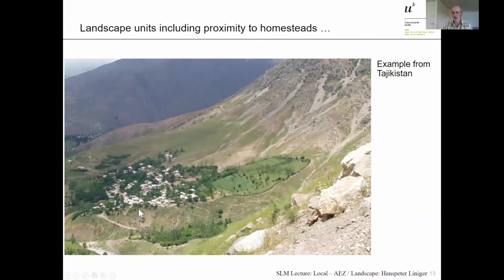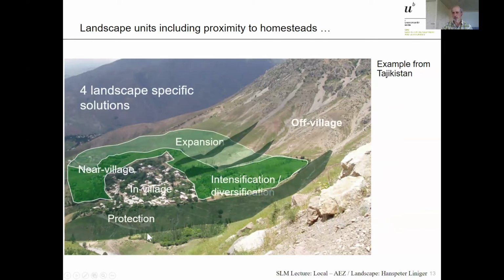This area, when I go back again, you can see there's a valley here that is a bit of a danger to the village. So that area might just be called a protection landscape. You look at that one and treat that differently.